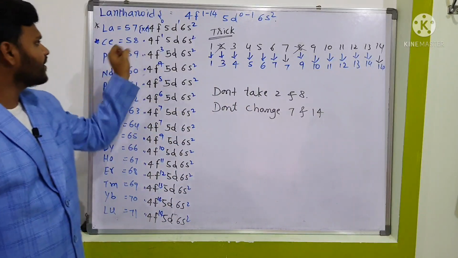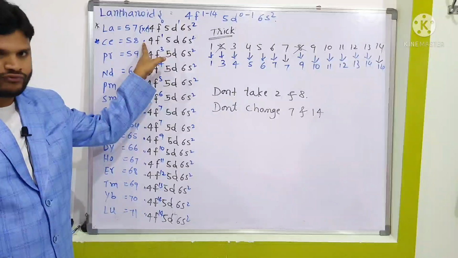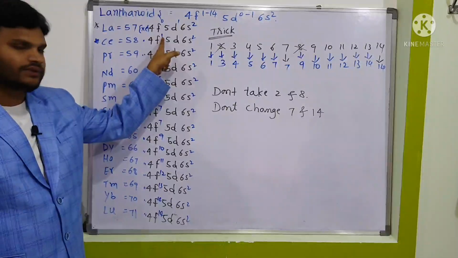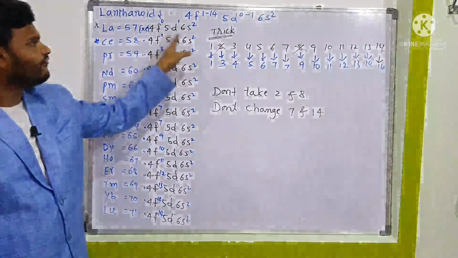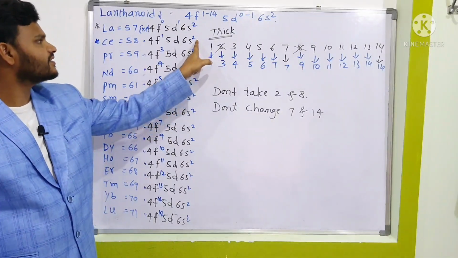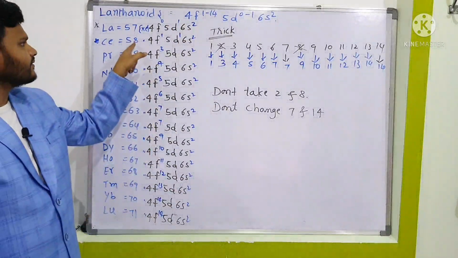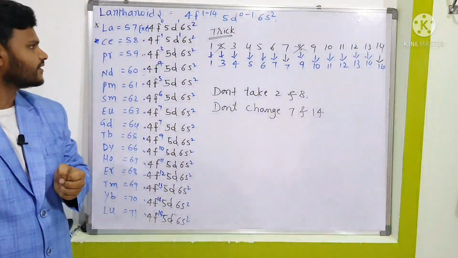Here cerium, atomic number 58. So 58 means xenon already 54 electrons. 54 plus 1, 55. 55 plus 2, 57. That indicates here you need to write 1 electron. Then only it becomes 58. That is the logic.